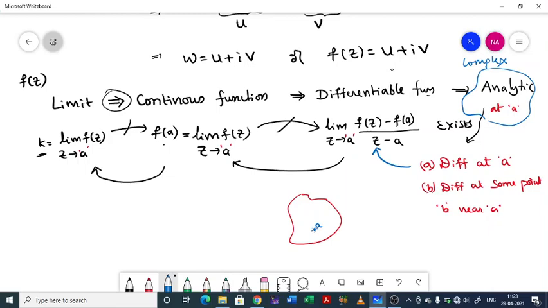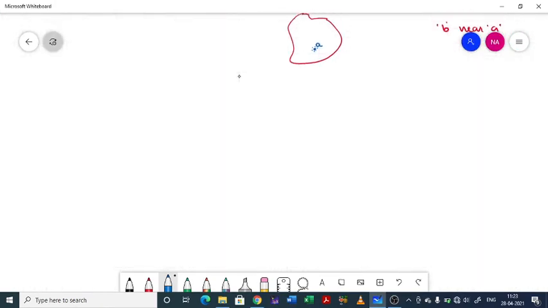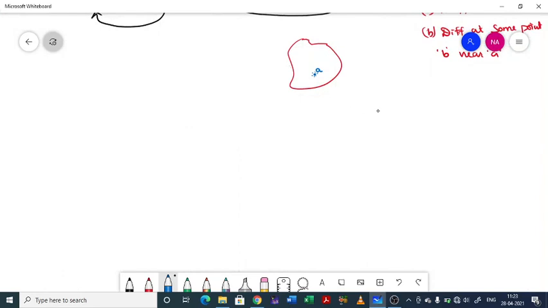Before going to that concept, I want to tell you one more thing, about Cauchy-Riemann equations, or CR equations. What are these? We discussed analytic functions here. Given any function, it is not always possible to find a point close to A at which the function is differentiable.